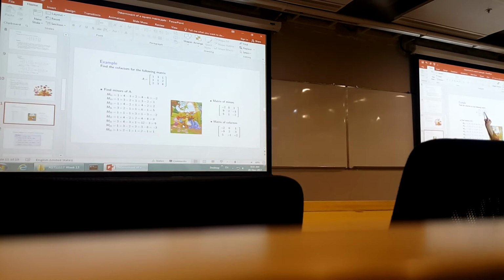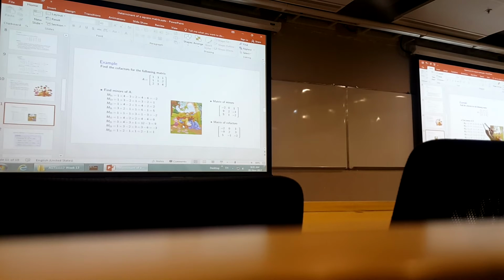For each of the positions, we can calculate its minor. Say for this one, M11, the minor is 4 minus 6, which is minus 2. And the cofactor: the first position is positive. So in the matrix of minors, this position is minus 2. In the matrix of cofactors, since it's a positive position, the minor and the cofactor are the same.